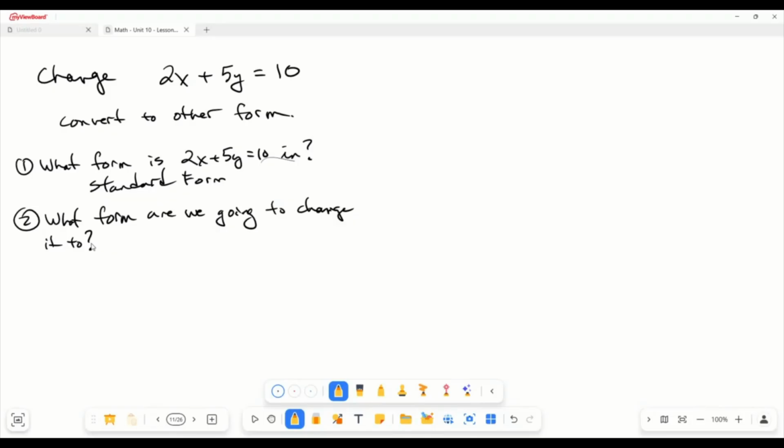What form are we going to change it to? Is it slope-intercept? Correct. So careful, Miss Wallace. We're in standard form. We want to change it to slope-intercept.